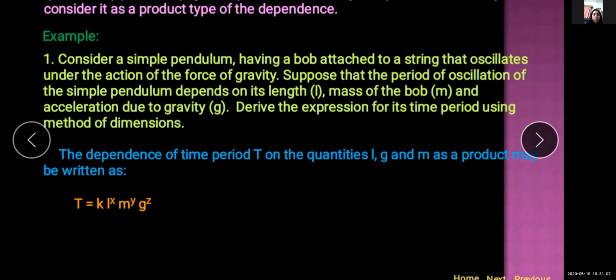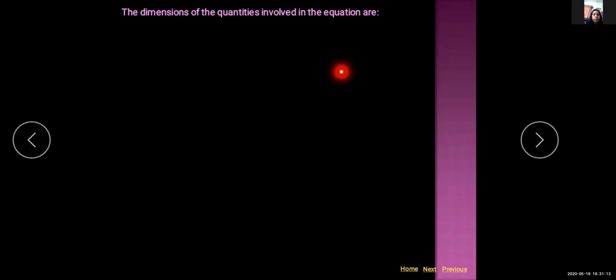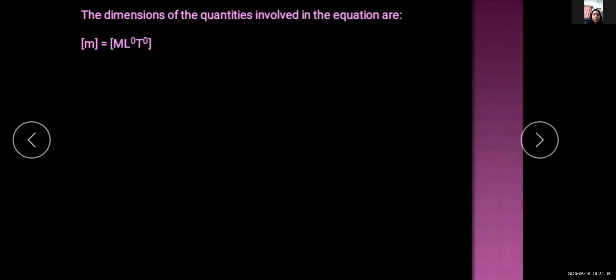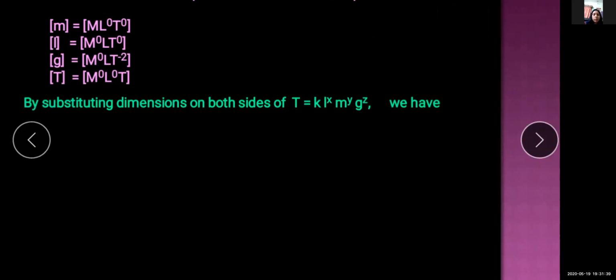Now write the dimensional formula on both sides. We have the dimensional formula of mass as M L0 T0, the dimensional formula of L is M0 L T0, the dimensional formula of acceleration due to gravity is M0 L T minus 2, and the dimensional formula of time period T is M0 L0 T. Now substituting these dimensions on both sides of the equation T equal to k L raised to power x, m raised to power y, g raised to power z.